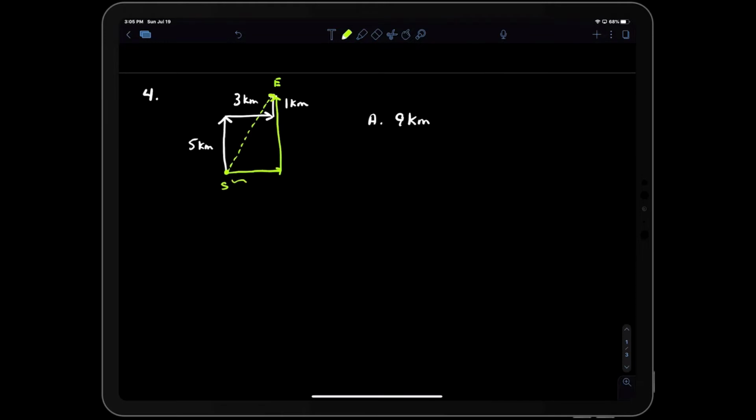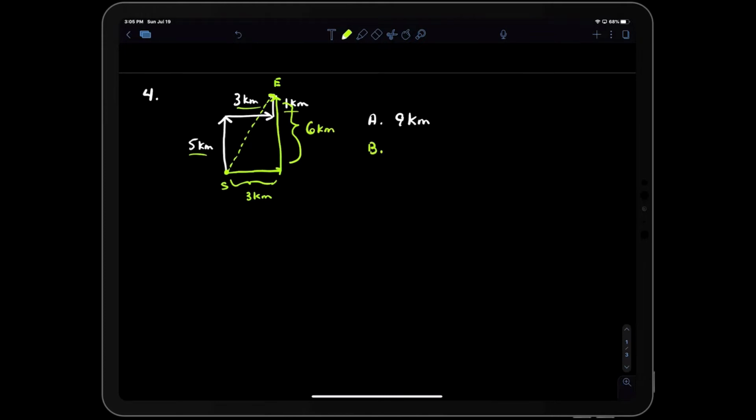I know that that side is 3 kilometers because that's the parallel side to it. And then this side right here, we had the 5 here, and we have the 1 there, so that whole side is 6 kilometers.